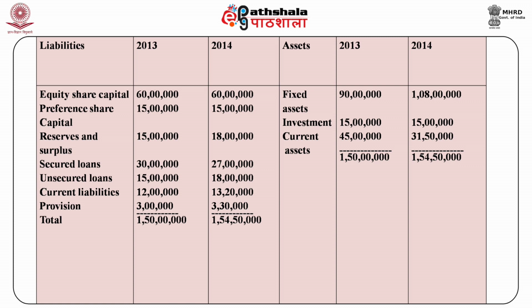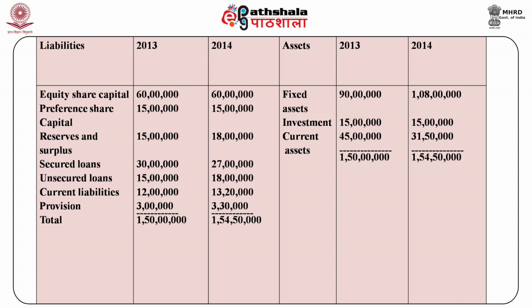The respective figures for 2014 are: for equity share capital it is 60 lakh. For preference share capital it is 15 lakh. For reserves and surpluses it is 18 lakh. For secured loans it is 27 lakh. For unsecured loans it is 18 lakh. For current liabilities it is 13 lakh 20,000 and for provisions it is 3 lakh 30,000.